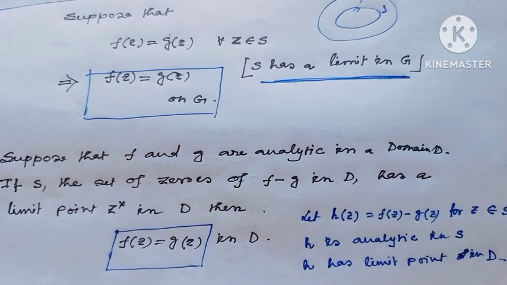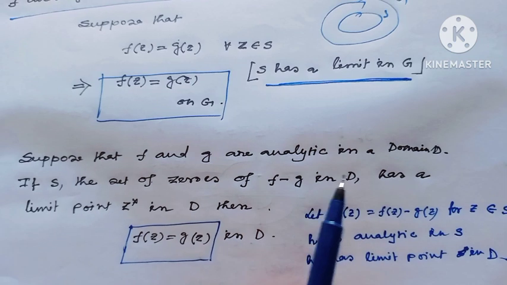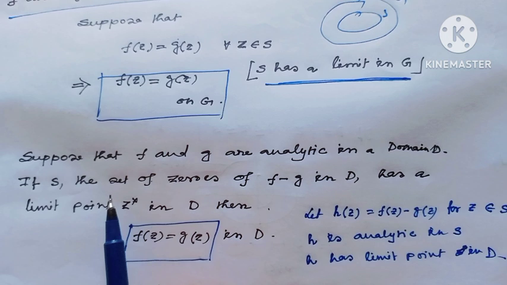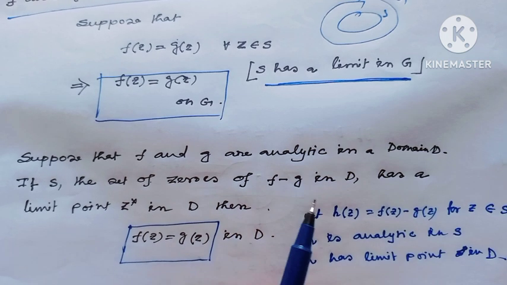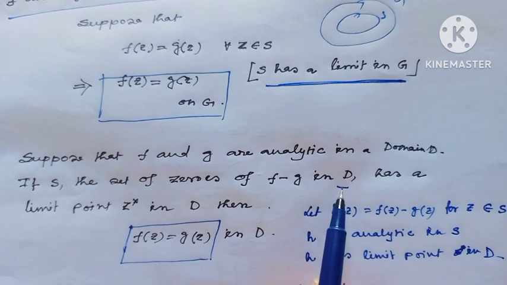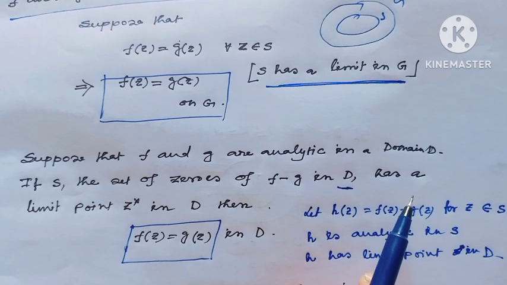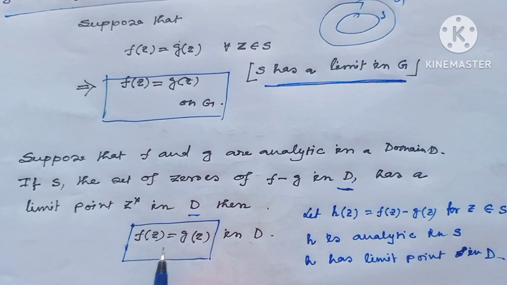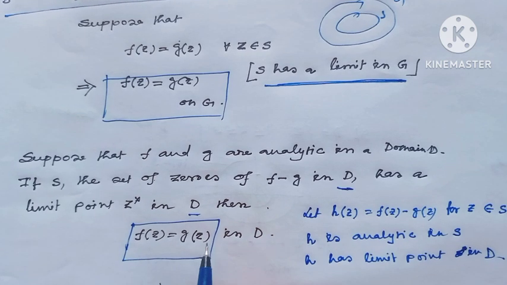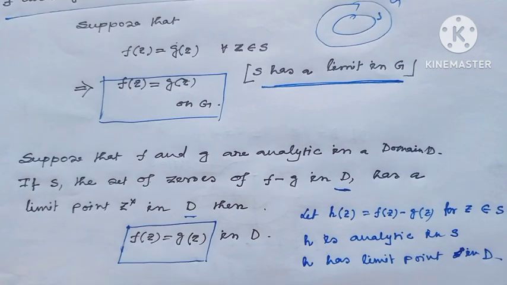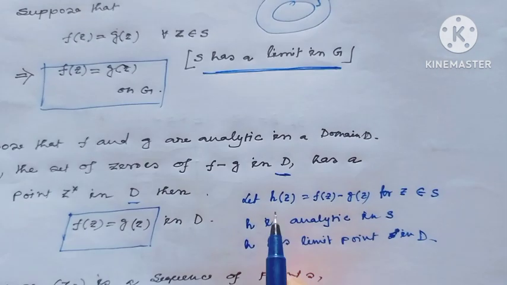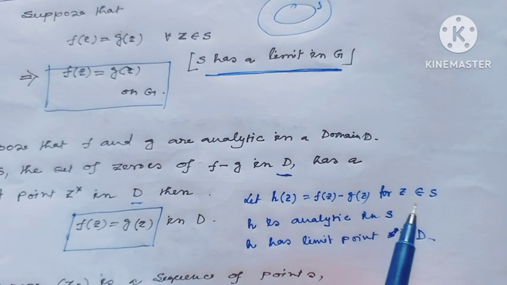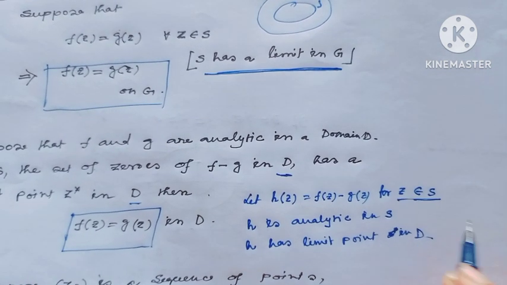Actually, the consequence is: suppose that f and g are analytic in a domain D, and if the set S of zeros of f minus g in D has a limit point z* in D, then f(z) = g(z) identically in the domain D. That means the idea is to consider h(z) = f(z) − g(z).